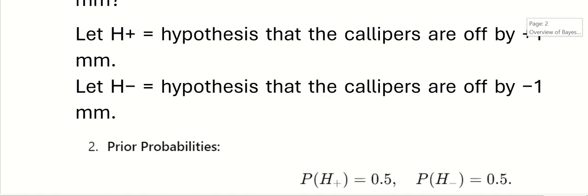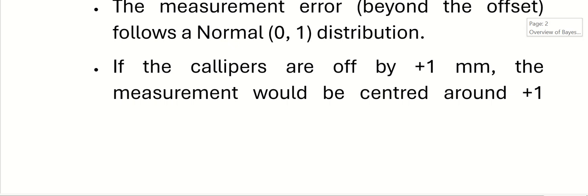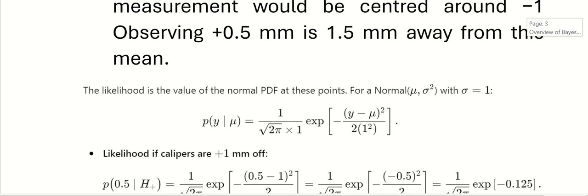To estimate the likelihood, we need to use the normal distribution here. The likelihood is the value of the normal distribution function at this point. But remember that sigma equals 1, the standard deviation.